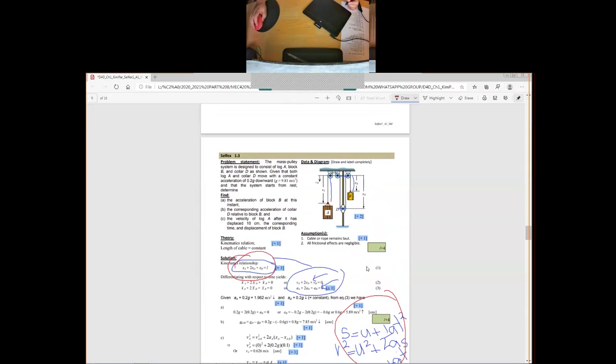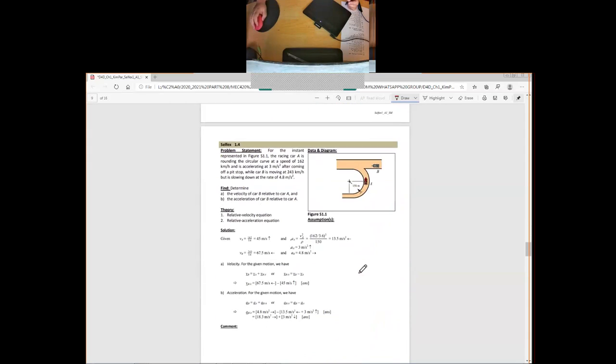So this is a straightforward problem, and very straightforward to solve. So this one is another example. What they are looking for here is A, B, and B relative to A. Velocity is very straightforward.